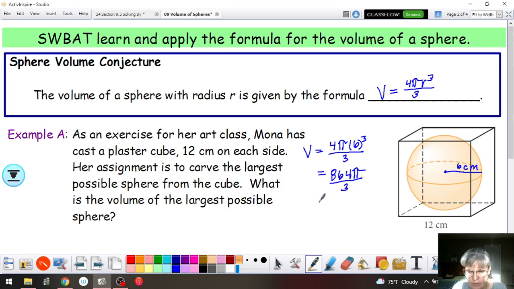So the answer in terms of pi, or our exact answer, is 288 pi cubic centimeters. If you want the approximation, go ahead and take 288 times 3.14, and it's approximately 904.32 cubic centimeters.